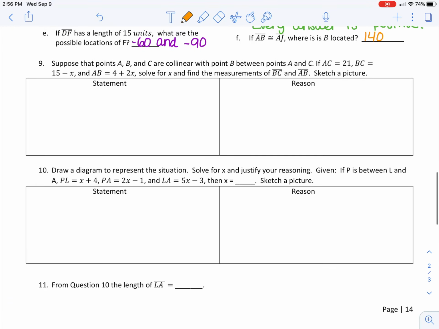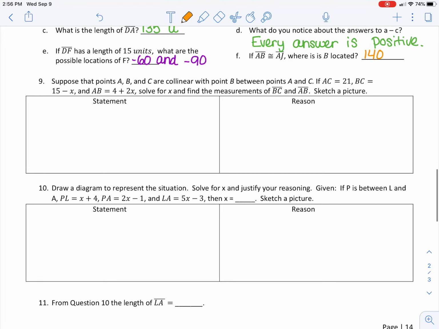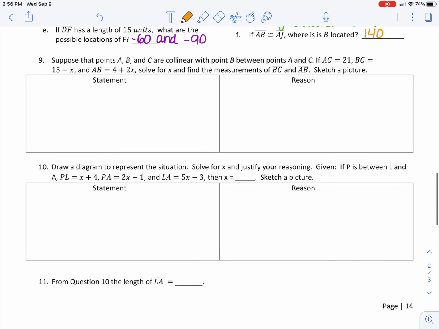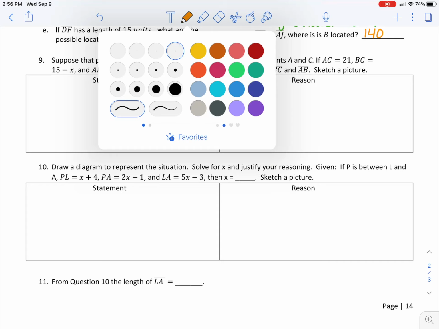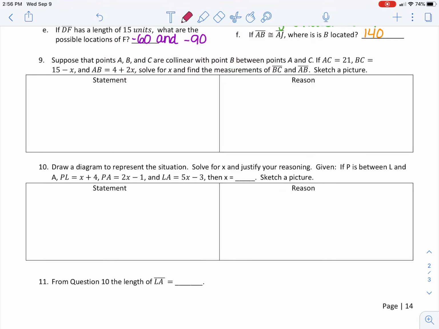Okay, this is going to be the first of our proofs that we do. So please pay attention to this very well, because this is where it gets a little bit more confusing. It says, suppose that points A, B, and C are collinear with point B between points A and C. So we're going to draw this.